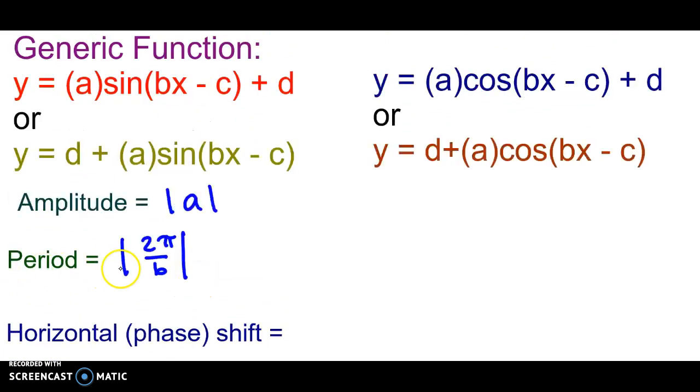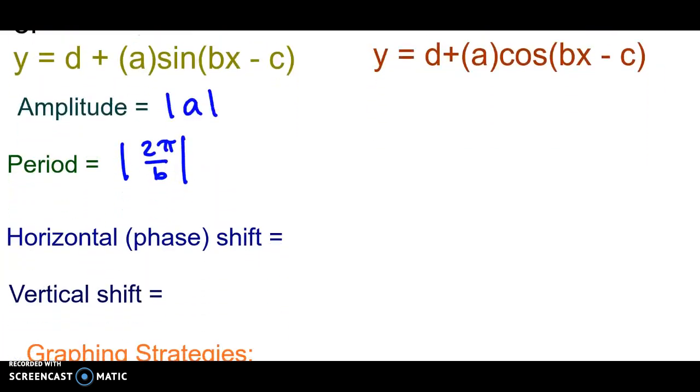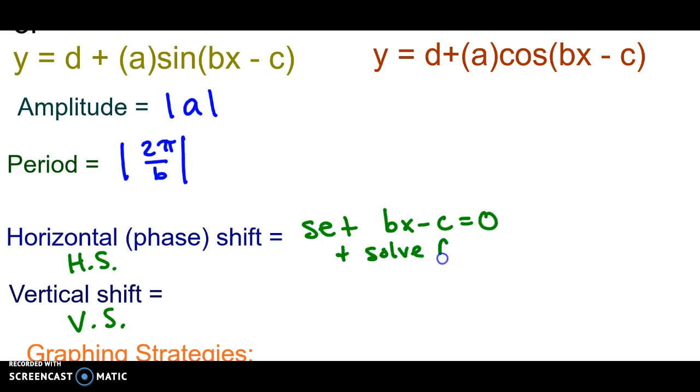So here's something that's a little bit different. The horizontal phase or the horizontal shift, which you'll see me abbreviate with HS from now on, and vertical shift abbreviate with VS, not Victoria's Secret. But this horizontal shift, you want to set bx minus c equal to 0 and solve for x.